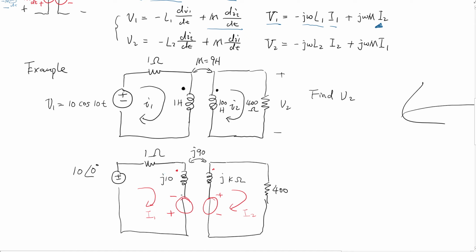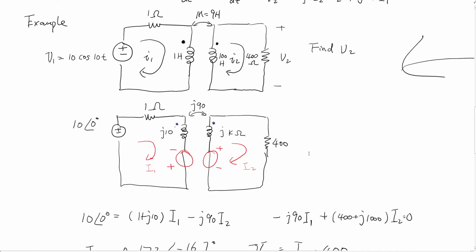Let's write the signs as well. This one is caused by I2. I2 is leaving this dot, so give that dot a negative sign. I1 is entering this dot, so this dot is positive.